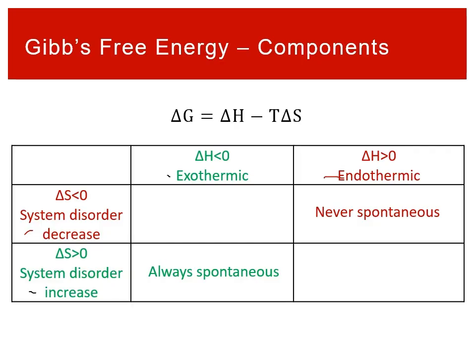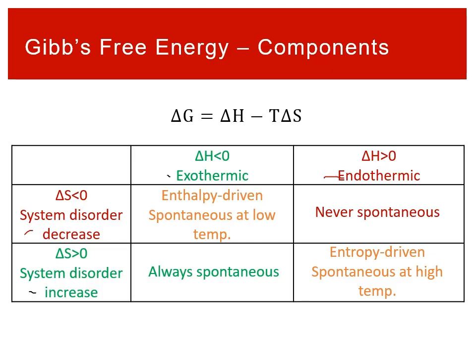Then we have these mixed bag cases where, for example, you have a process that's exothermic, but it also decreases disorder. Okay, so exothermic, you would say that is what would be favored, right? You're forming more stable chemical bonds, but you're decreasing the disorder of the system. And so one of those is going to win.